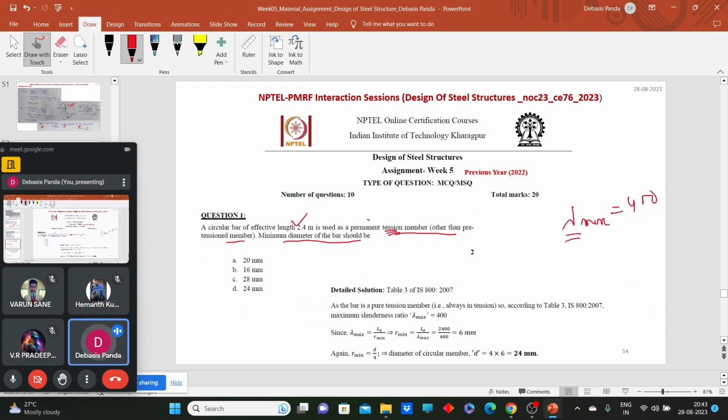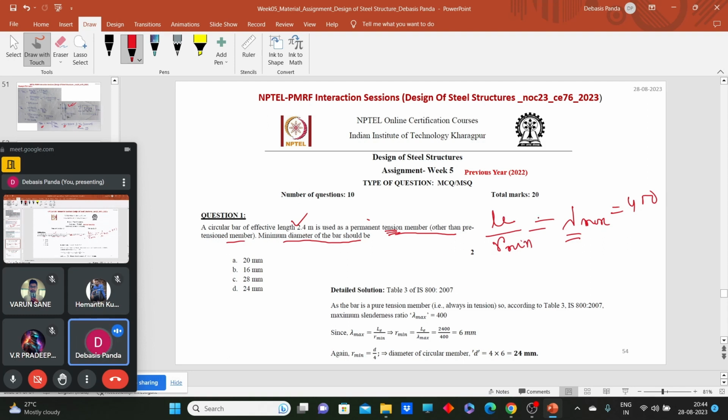Now what do we mean by slenderness ratio? Slenderness ratio is the ratio of the effective length to the least lateral dimension. So what will be the value of that?